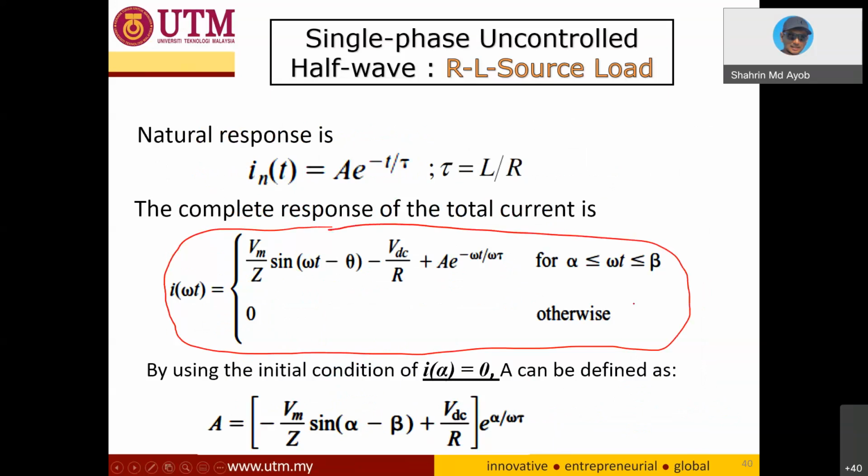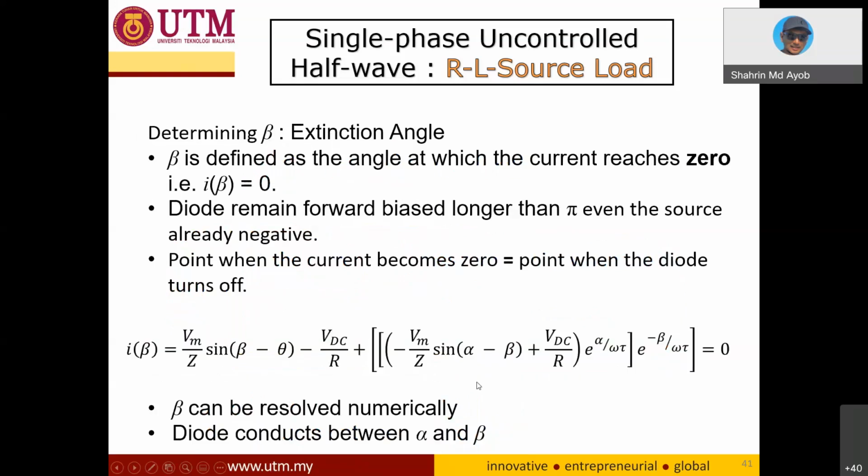We have the same part, Vm over Z sine omega t minus theta, but we have an addition, which is negative VDC over R. And then we also have A, but A is not solved. So how to solve A? We set I equal to 0 when the location is alpha. So we set it to 0, and finally we obtain the value.